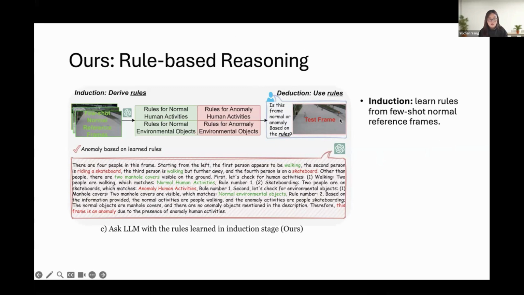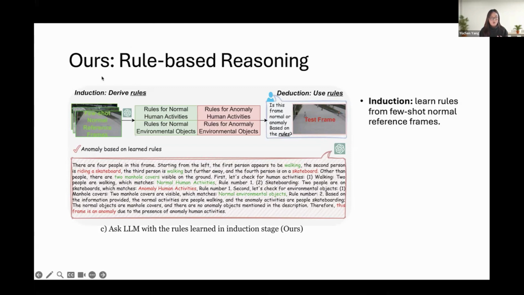In the induction stage, we want the model to learn rules from the few-shot normal reference frames. This is to mimic the one-class training procedure in traditional VAD tasks. And here, few-shot normal reference frames means we randomly sample several frames from the training set, which are all normal frames.